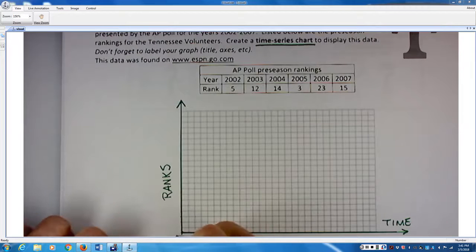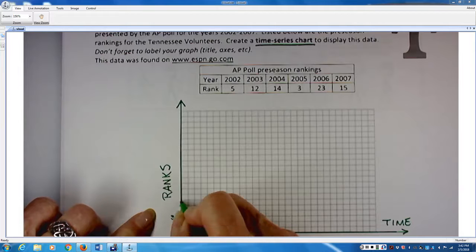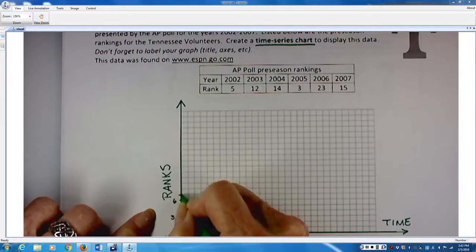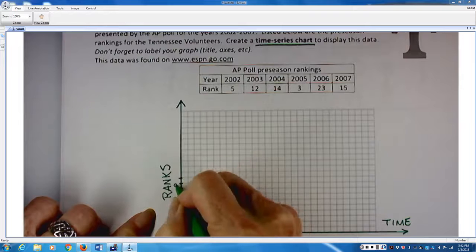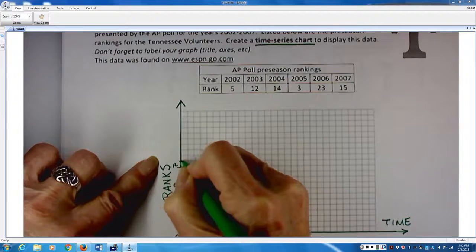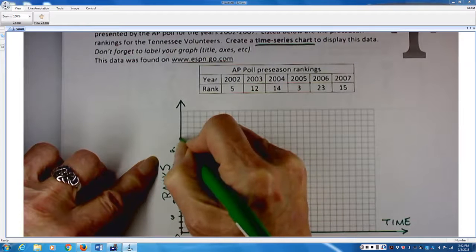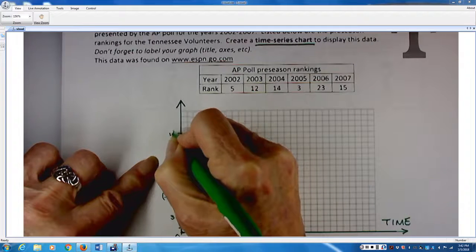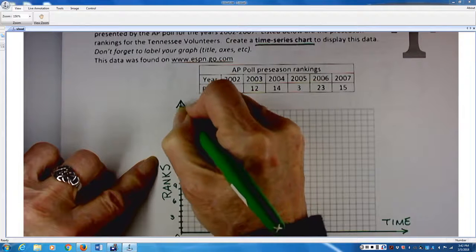So if I start this at 0, and this is 1, 2, 3, 4, 5, 6, 7, 8, 9, 10, 11, 12, 13, 14, 15, 16, 17, 18, 19, 20, 21, 22.